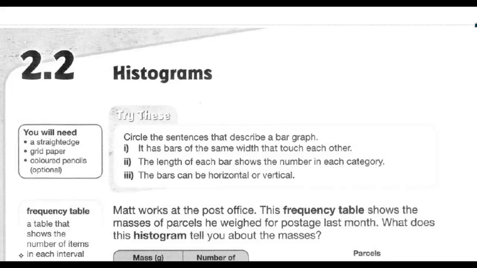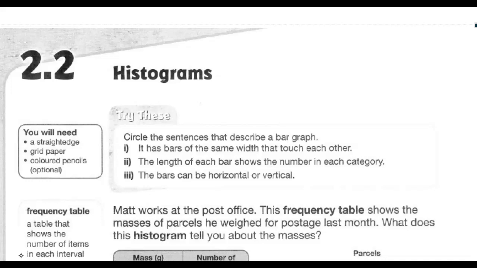Like the last section when we did bar graphs, there were different suggestions made that the town had to vote on. There were different, distinct things. Now, for a histogram, it's sort of intervals of measurements or time, as I said.